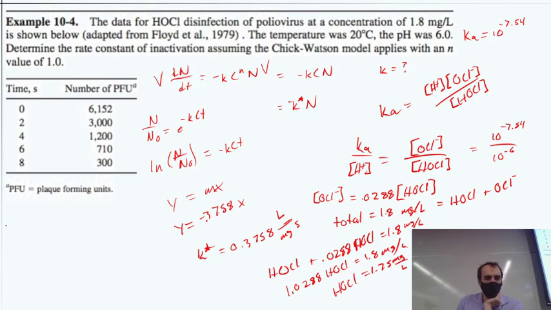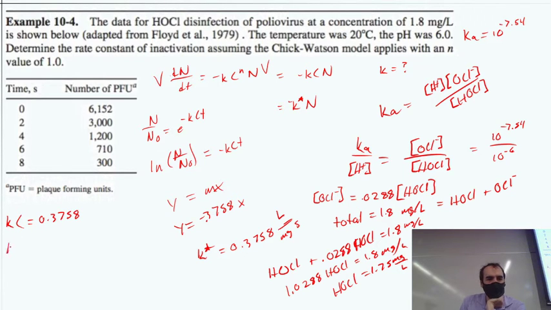So over here then, let's go ahead and solve for the K. Let's say K times C is something we know from the data: Kc equals 0.3758.